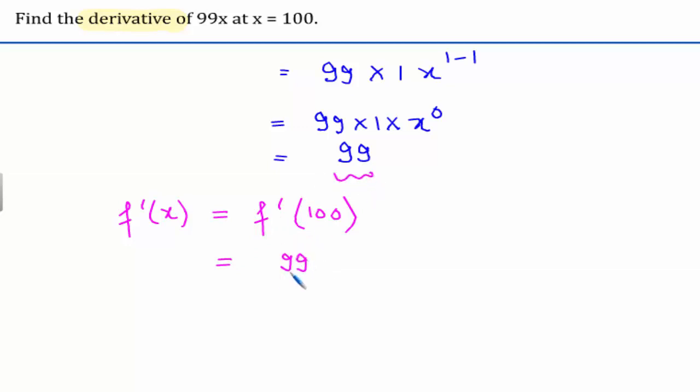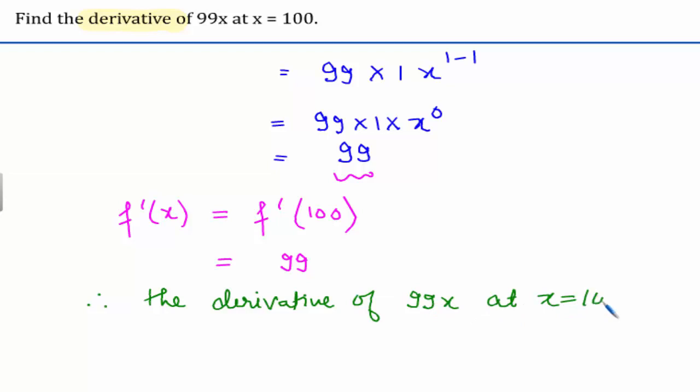Since 99 is independent of x, therefore the derivative of 99x at x is equal to 100 is 99. This completes the solution.